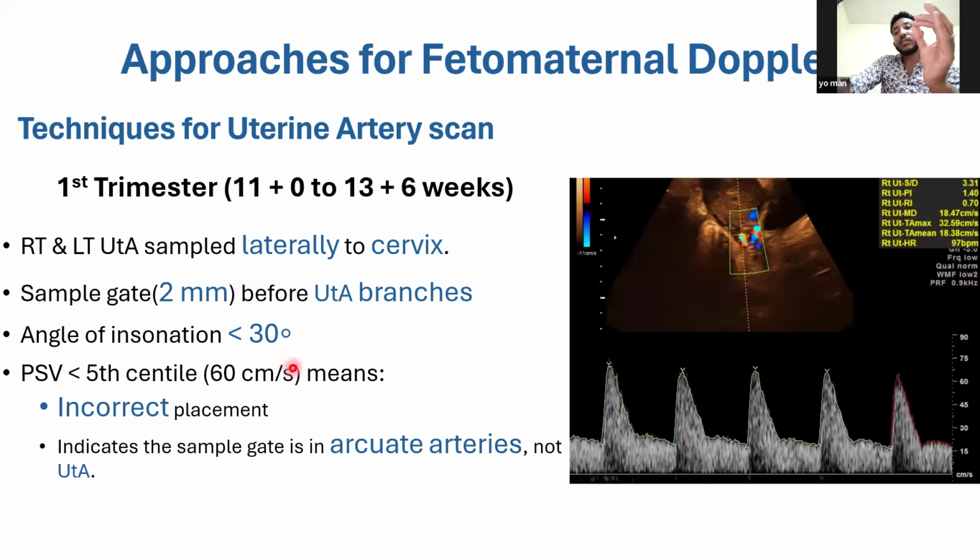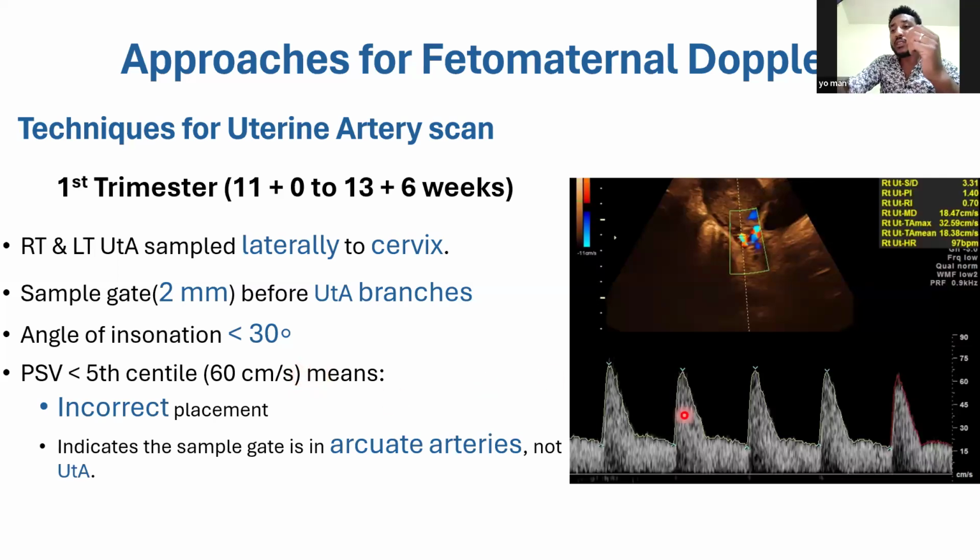There are different vessels that you encounter laterally to the cervix. So what you're going to do is measure the peak systolic velocity of that vessel, and if it is below 60 centimeters per second, you are not at the correct uterine artery location. That indicates that you are sampling from the arcuate arteries.